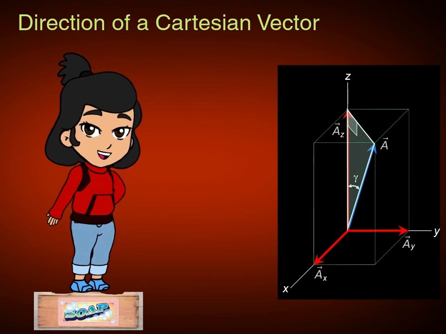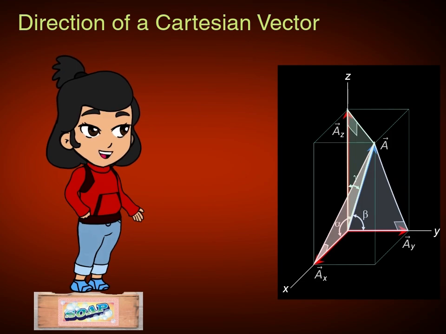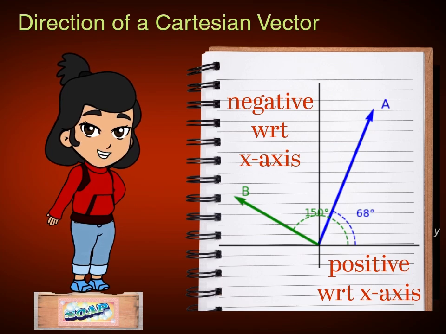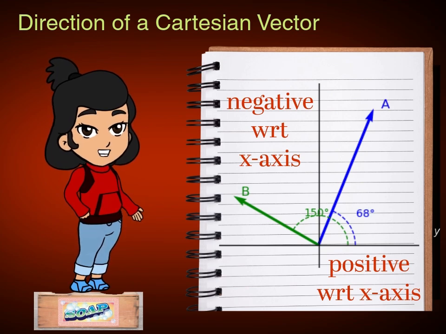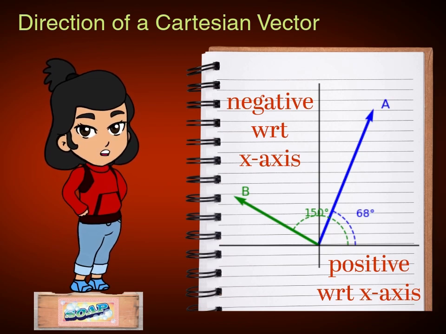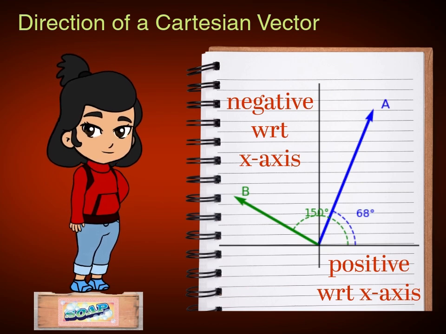Now, because this is with respect to the positive axes, the angle can range between 0 and 180 degrees. So it'll be less than or equal to 90 degrees if it's in the positive quadrant, but if it's in the negative quadrant, then it would be greater than 90 degrees. And again, that's because it's measured from the positive axis.